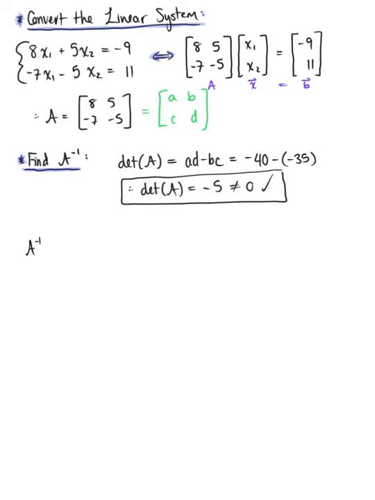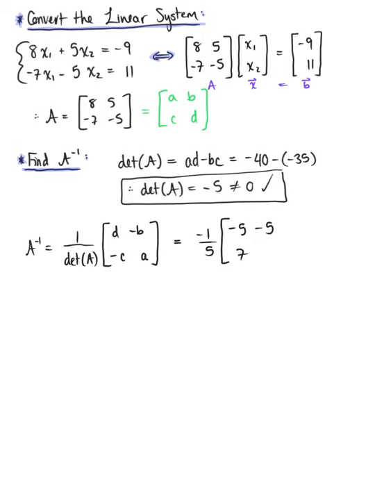So we know that the formula for the inverse of matrix A is defined as 1 over the determinant of matrix A multiplied by the 2 by 2 matrix D, minus B, minus C, A. So this will be negative 1/5 multiplied by the 2 by 2 matrix with negative 5, negative 5, positive 7, 8.